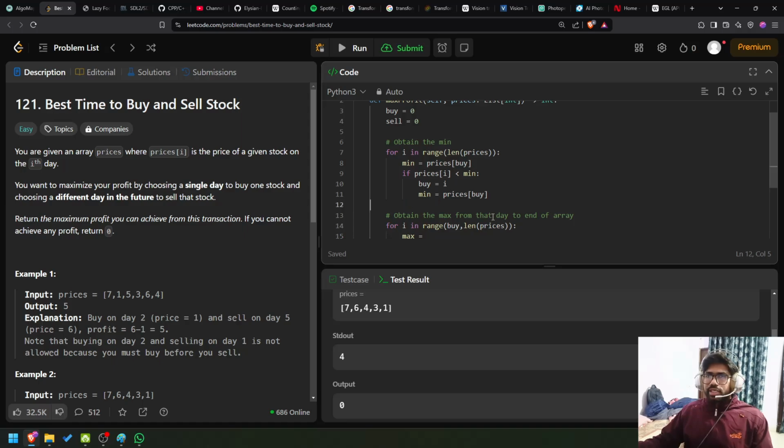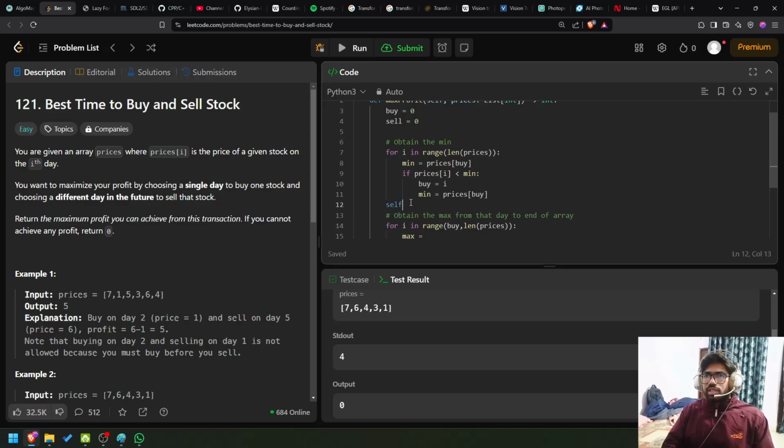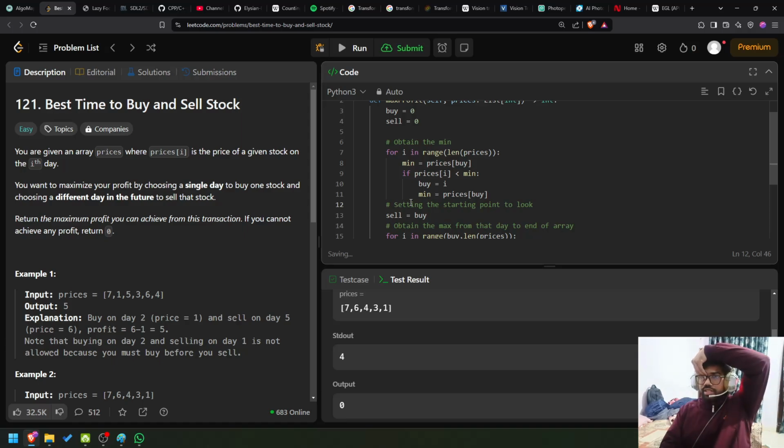It's a max, and here I want to set my variables, sell equals buy.